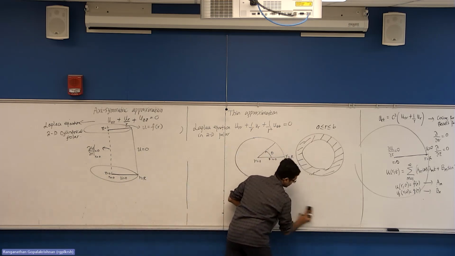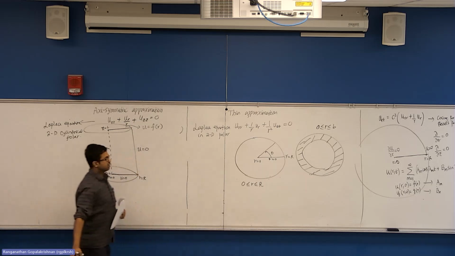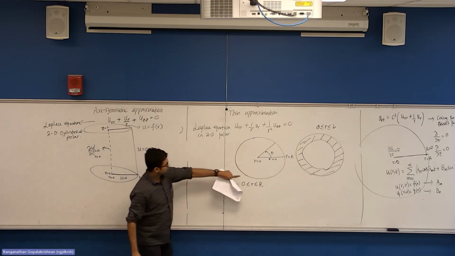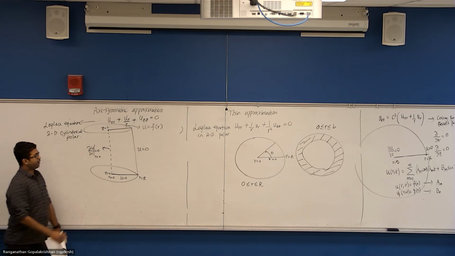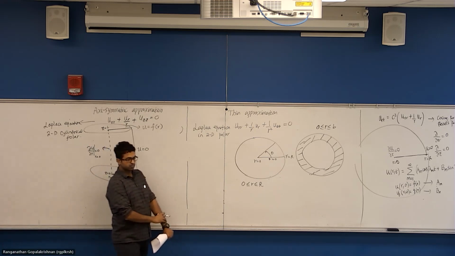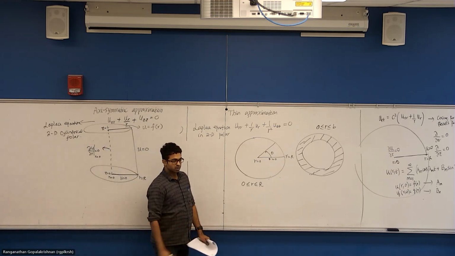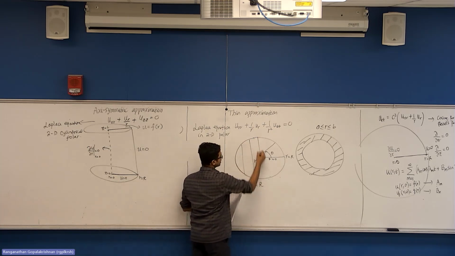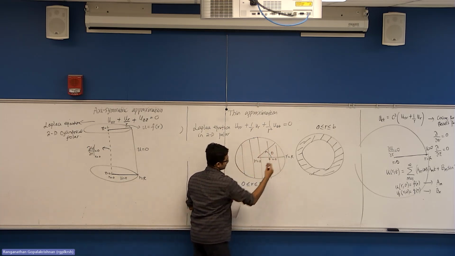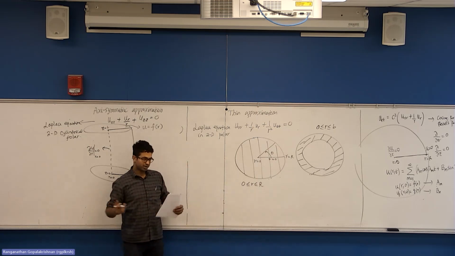Let's talk about boundary conditions for this problem. What are the boundary surfaces for this circle? If your domain is this, what are the surfaces on which you can specify something from the outside?